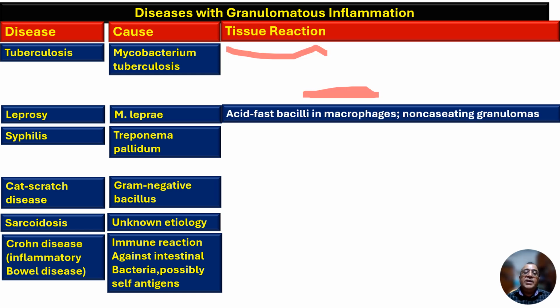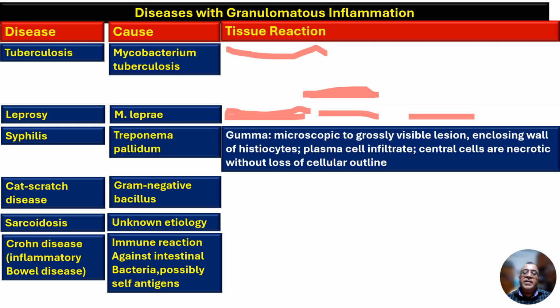Mycobacterium leprae, which causes leprosy, also has acid-fast bacilli within the macrophages, but these granulomas are non-caseating. In a gumma, there can be a lesion that is enclosed by a wall of histiocytes and plasma cell infiltrate, and central cells are necrotic without the loss of cellular outline.